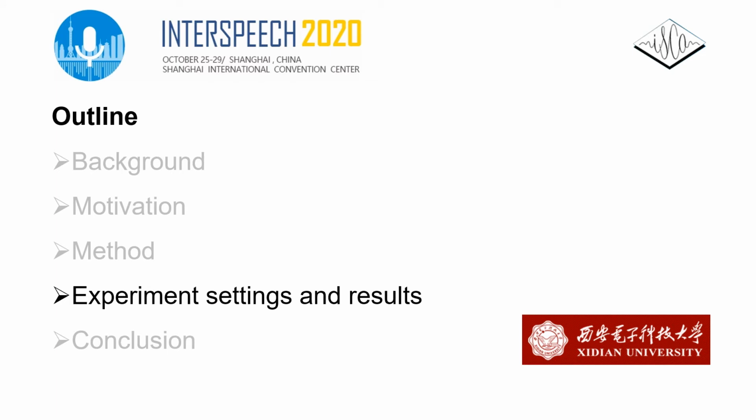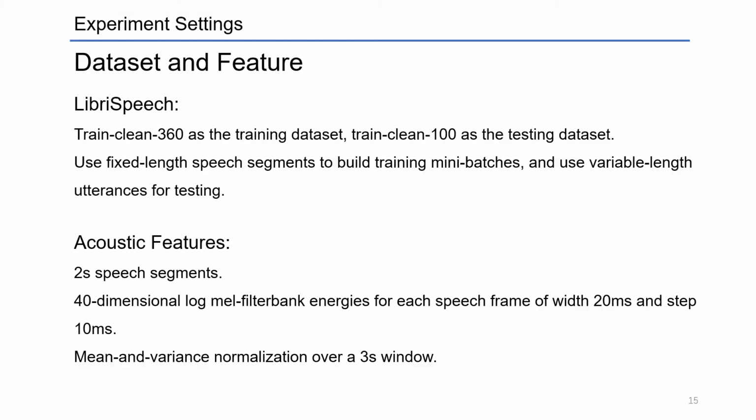Next, we show our experiment details and results. In our experiments, we use the LibriSpeech dataset. LibriSpeech is a publicly available speech dataset with rich speaker identity annotations. We use the train-clean-360 subset as the training dataset and use the train-clean-100 as the testing dataset.